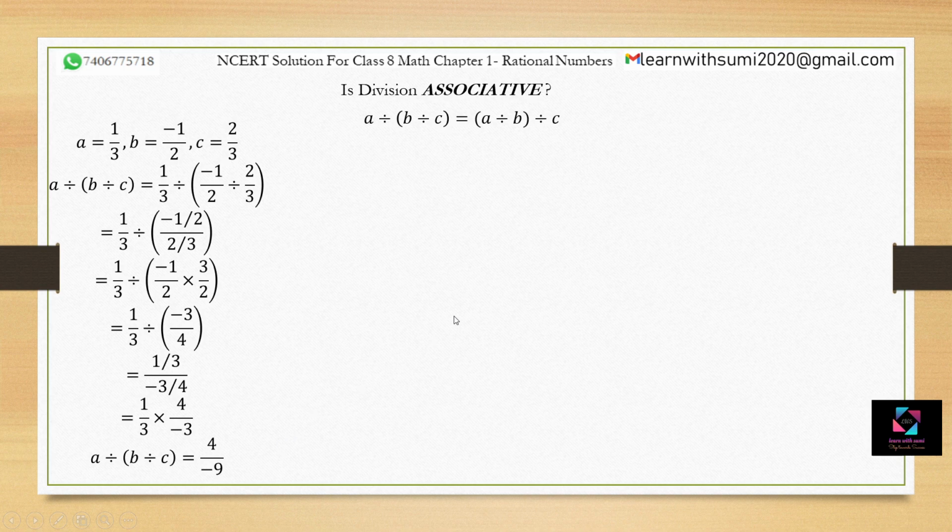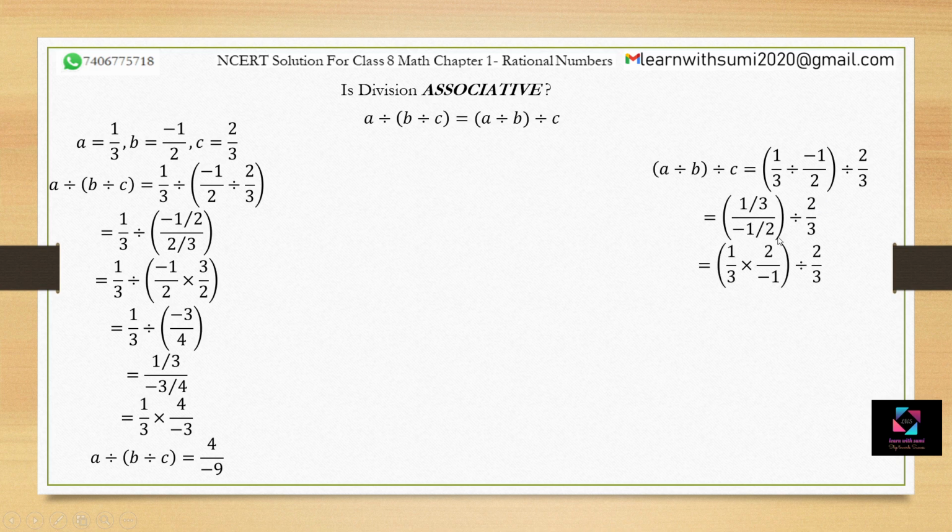Let's check for the RHS value, that is A divided by B divided by C. So let's check whether we get the same answer or not, whether it satisfies the given equation or not. So when we divide 1 by 3 by minus 1 by 2, we get 1 by 3 divided by minus 1 by 2.